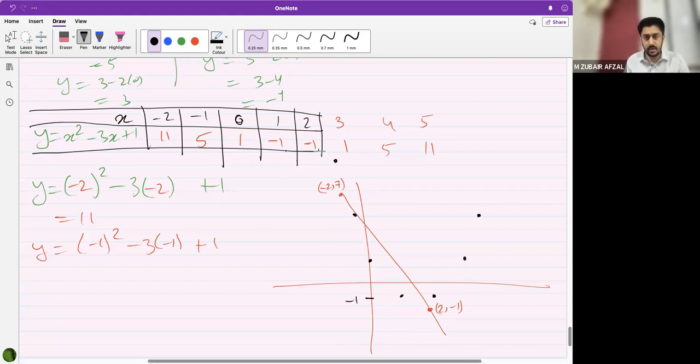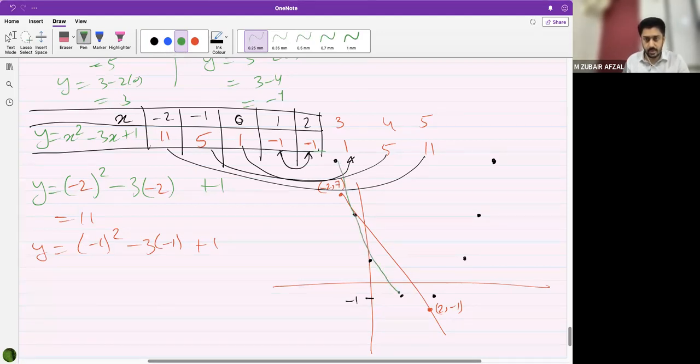And can you see the graph is actually repeating itself? -1, -1, 1, 1, 5, 5, 11, 11. So this is our graph, and this will be my curve. Lowest two values were -1, -1, but continue the curve and draw it like this. Getting it?